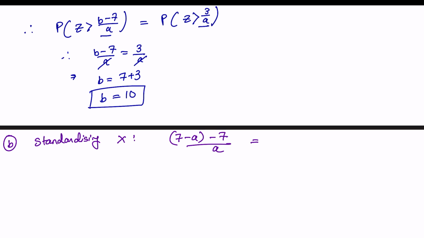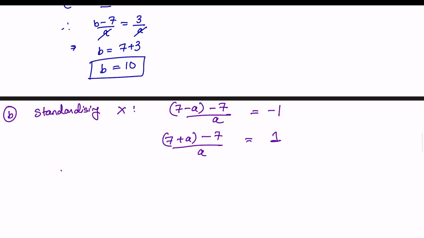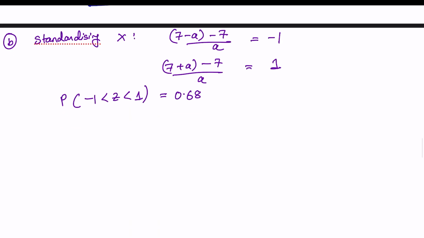So this 7 and minus 7 cancels out. So minus a over a is minus 1. And the other one is 7 plus a. (7 plus a minus 7) by a. 7 cancels out. a over a is 1. So this can be written as minus 1 less than z less than 1. Okay. So basically, this will be equal to 0.68.